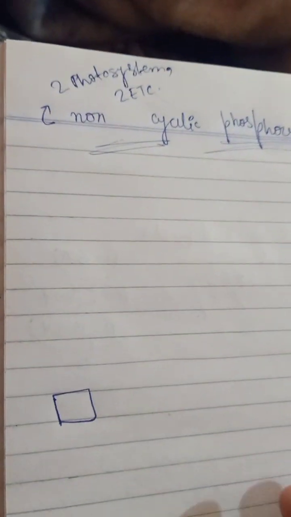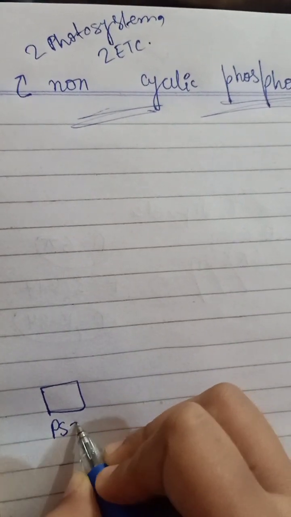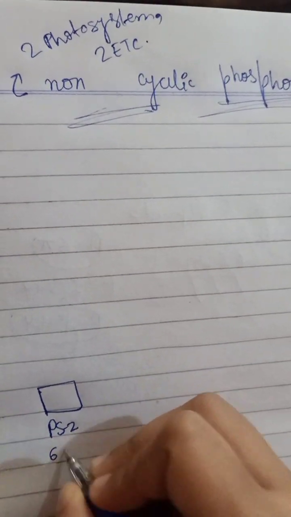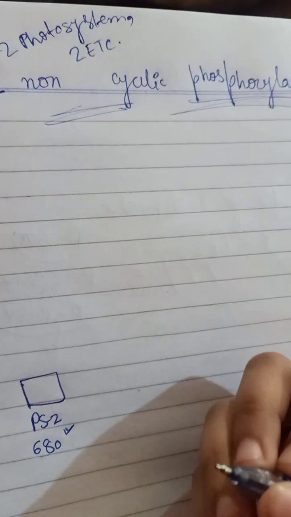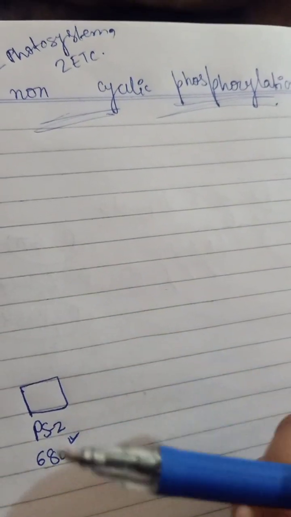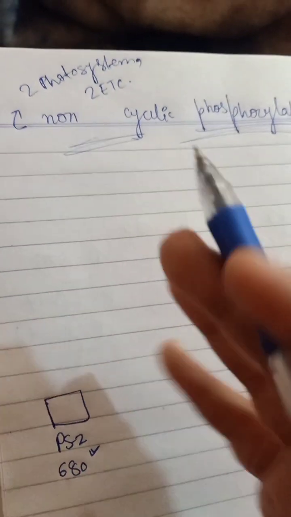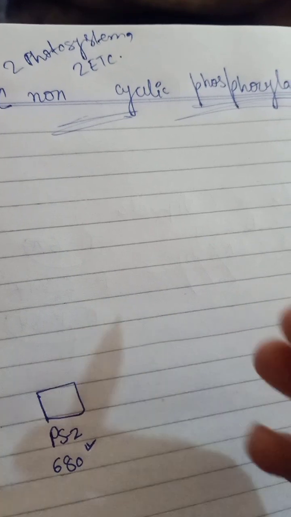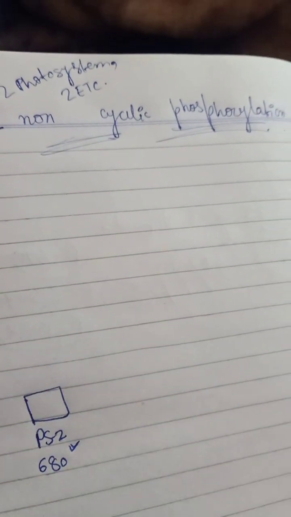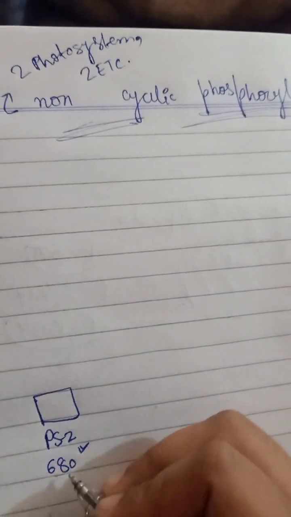Let's see how this works, starting with PS2. As you all know, in photosynthesis there is the involvement of PS2, then the electron transfer towards PS1. So let's talk about this.